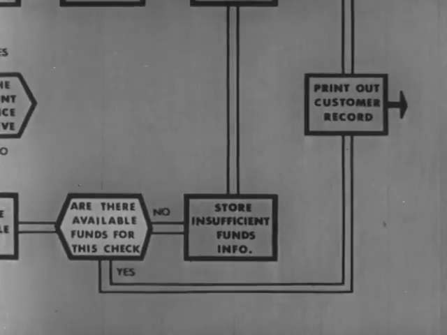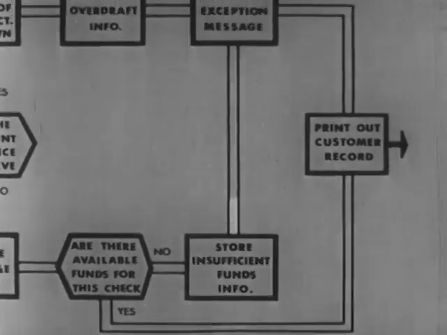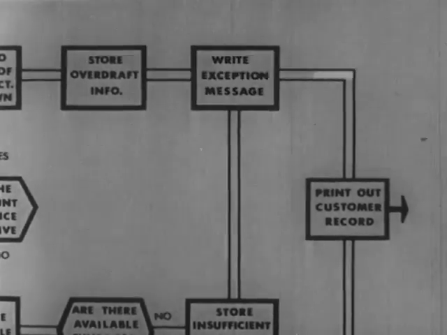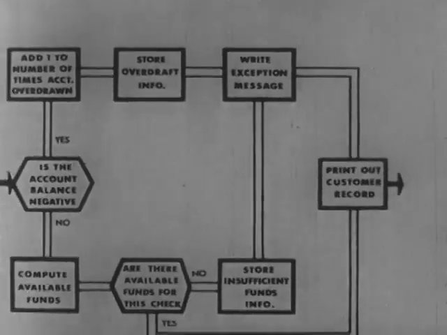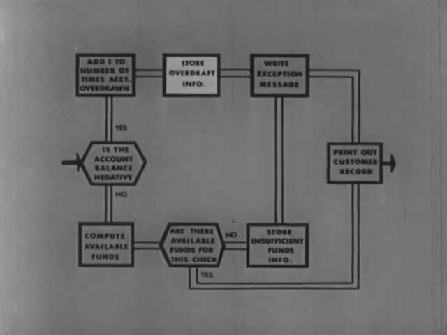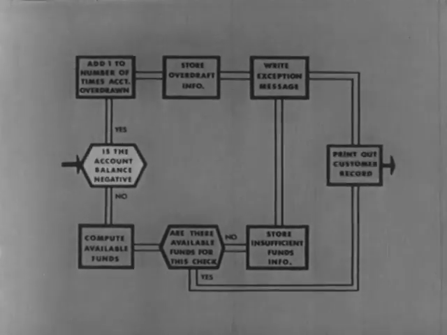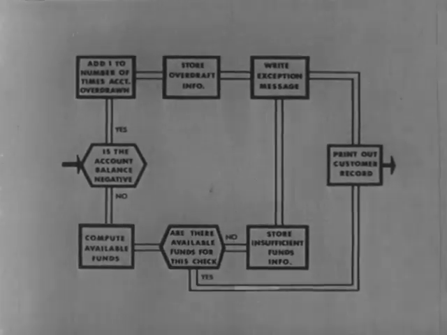However, if there are not sufficient funds to cover the check, the computer will record this information, write an exception message, and print out the appropriate customer record. This tiny section of a flowchart represents only a very few of the many steps and decisions made at lightning speed by a computer in what is called demand deposit accounting.